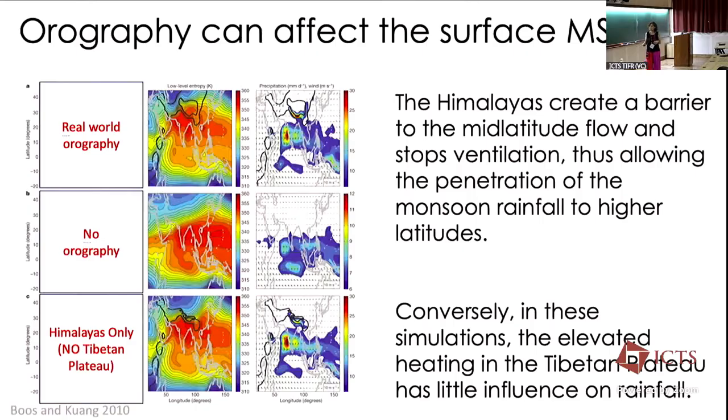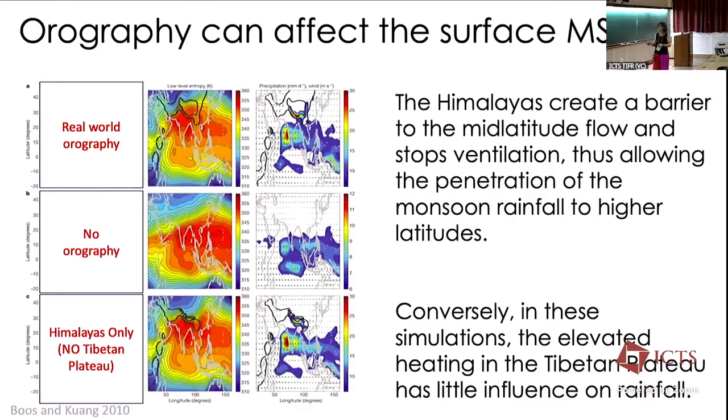They did one more simulation because they wanted to show that the elevated heating of the plateau was not really the thing that would give you these changes, that it was really the fact that the Himalayas constituted a barrier to the ventilation. And so they just put this narrow mountain without having the plateau to the back of it.